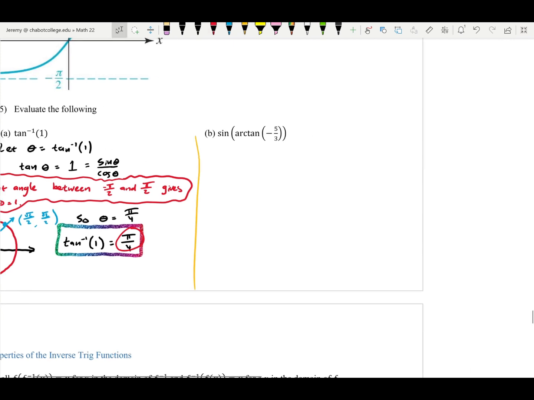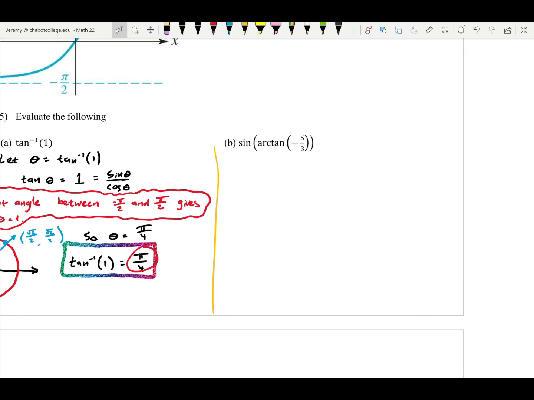Now for part B, we have another one of these, sine of arctan of negative 5 over 3. And now seeing that we have an arctangent inside of a sine, one of these composition problems, I'm thinking this is going to head towards using a Pythagorean identity to help solve this.